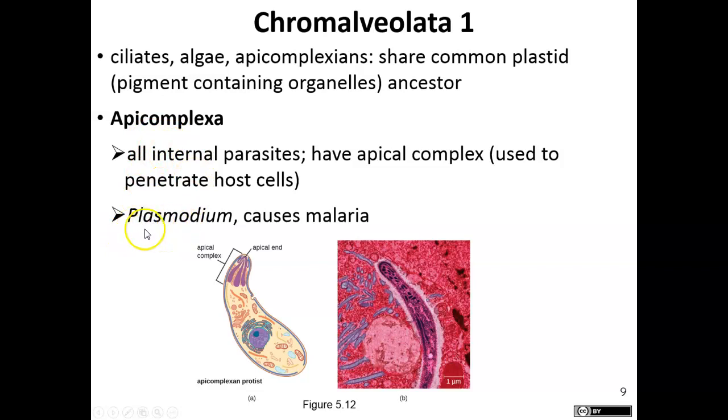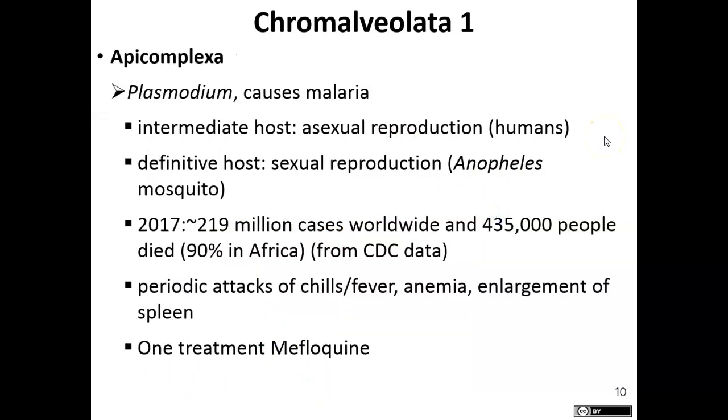The organism that we typically talk about is Plasmodium, which causes malaria, an Apicomplexan. This organism has two hosts in its life cycle: the human and the Anopheles mosquito. The human is called the intermediate host because once Plasmodium gets into our system, asexual reproduction occurs.